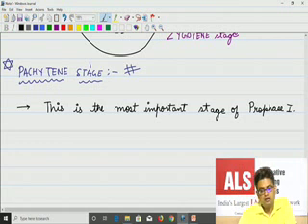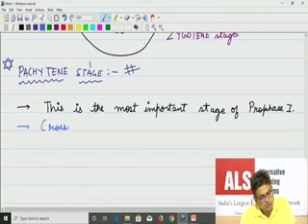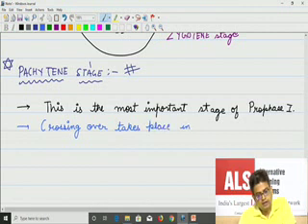Why? Crossing over takes place at this stage. Crossing over takes place in pachytene stage. So let us understand what is crossing over.